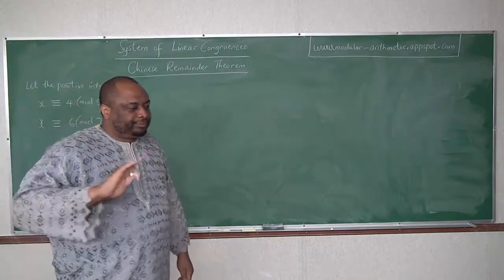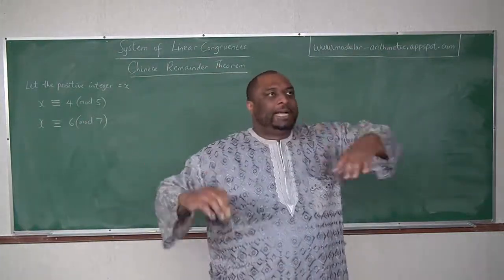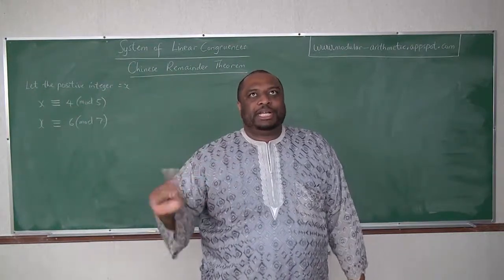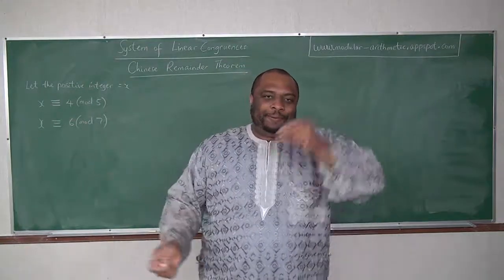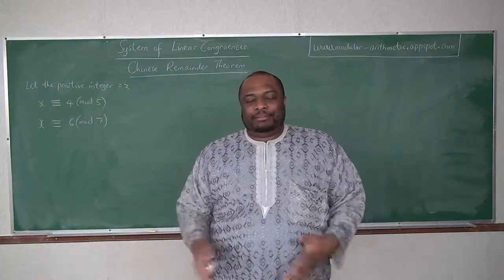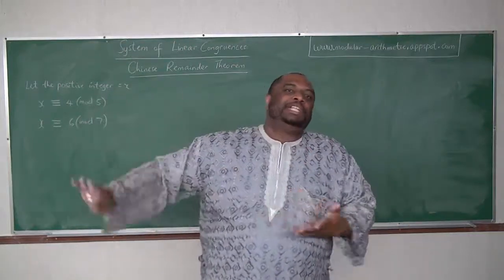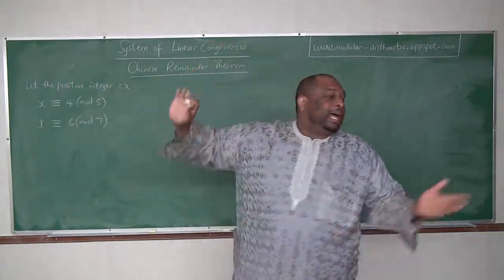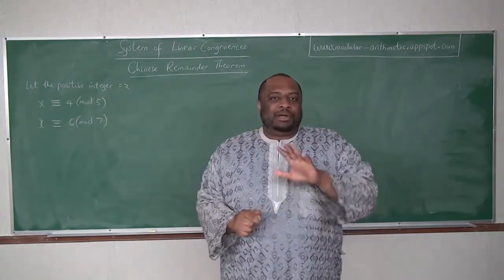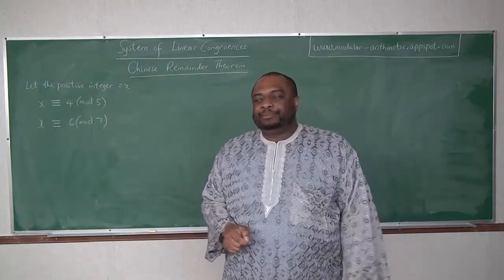For this kind of question, you are thinking about it, you keep on checking. But if you know this topic, you can easily find the number right away. And of course, we have so many applications of this. Later on, we will have videos on applications of modular arithmetic and algorithms.